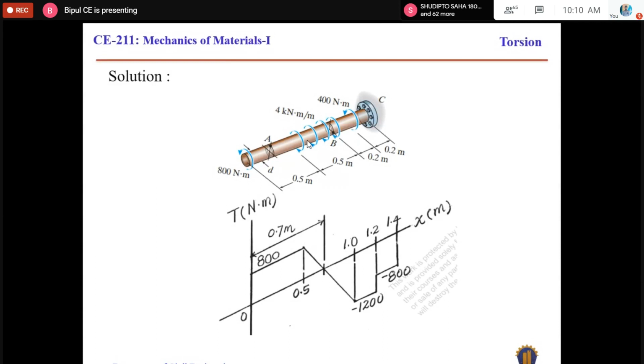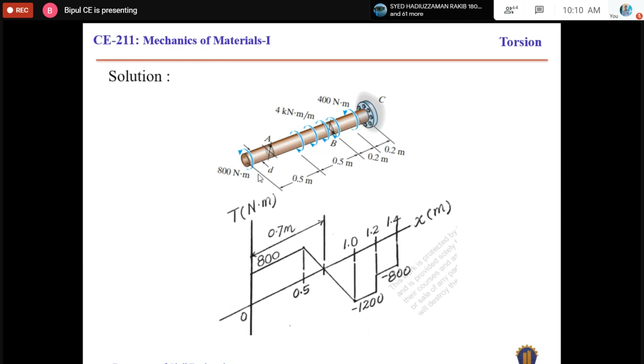So we will show the variation of developed torsional stress in the shaft along the length of the shaft.